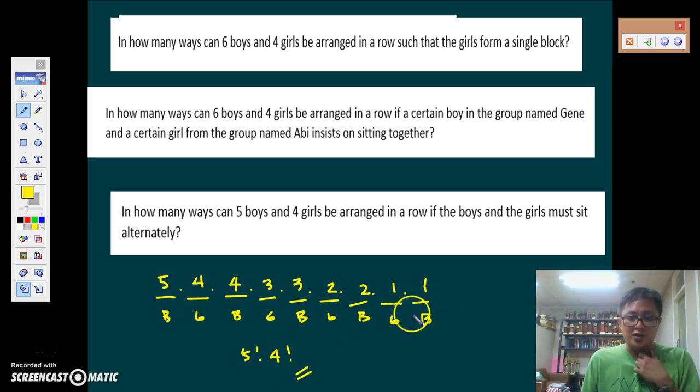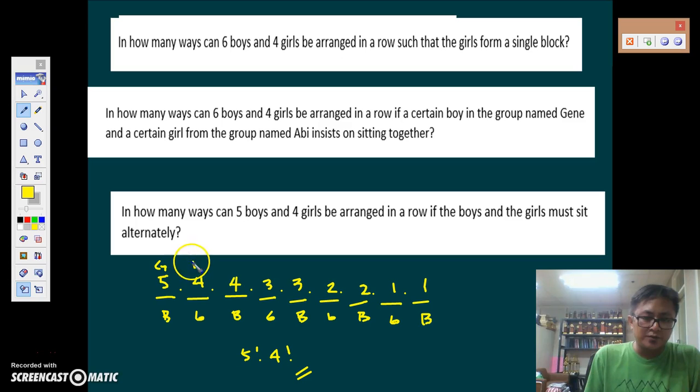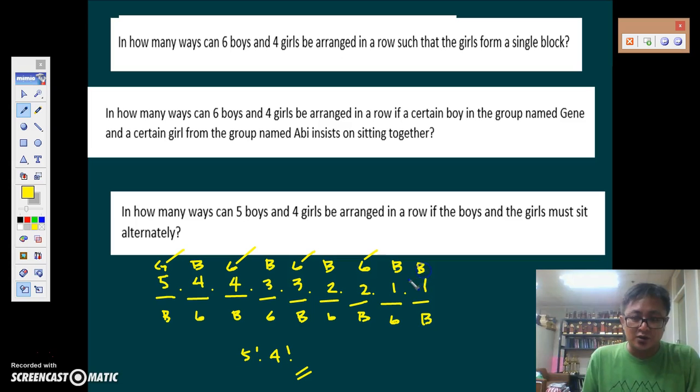Because we cannot make a girl sit in the first seat, because if it is a girl, then boy, then girl, then boy, and then girl, then boy, girl. Remember, there are 4 girls, so these are the 4 girls already, and 5 boys, so it will be like this if we started with a girl. So it cannot have 2 boys sitting together, right? The girls and the boys must sit alternately. So this cannot be, no?